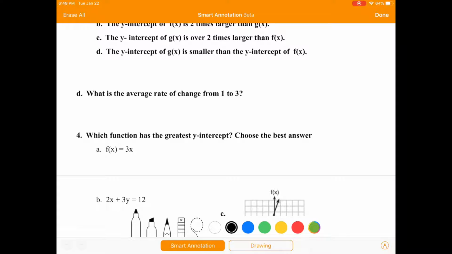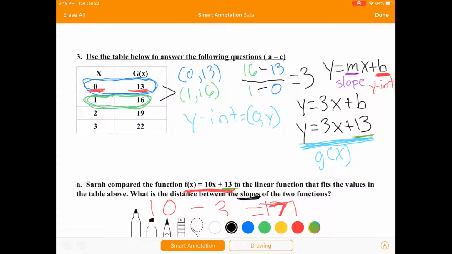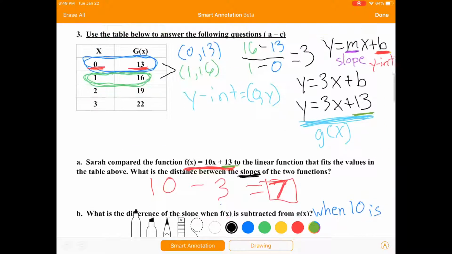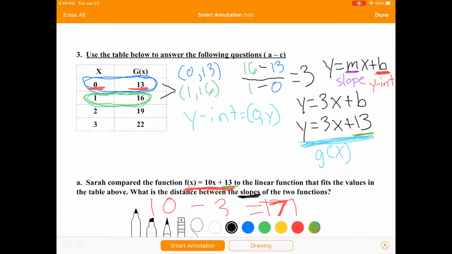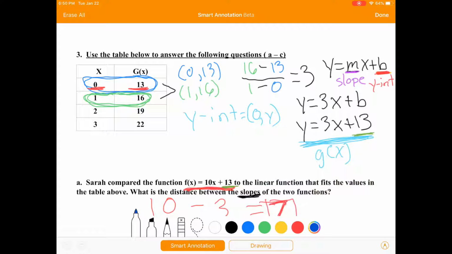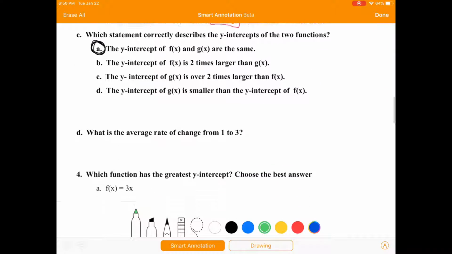So what is the average rate of change from 1 to 3? So in between 1 and 3, we've got to figure out the ordered pair. So I'm going to choose a dark blue. So 3, it's going to be this dark blue. And then our 1 is already green. So our 1, 16.